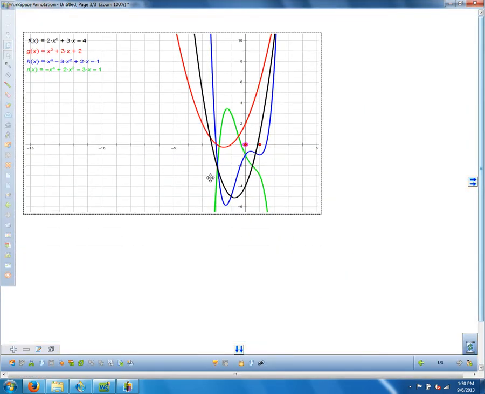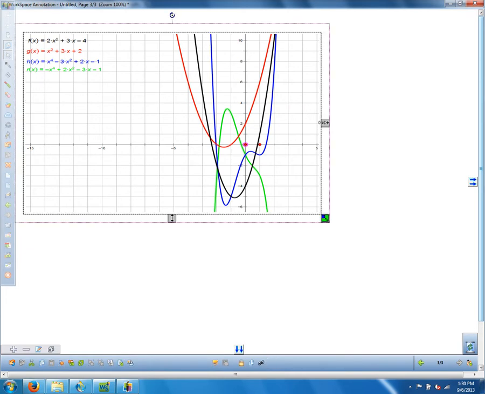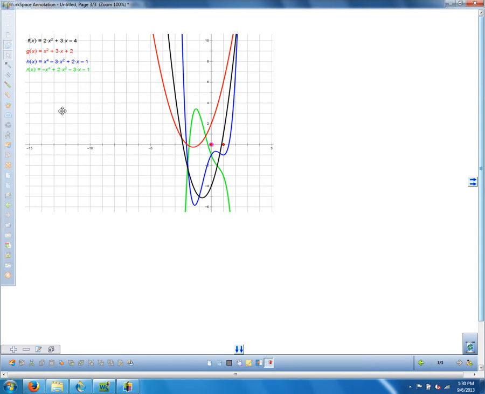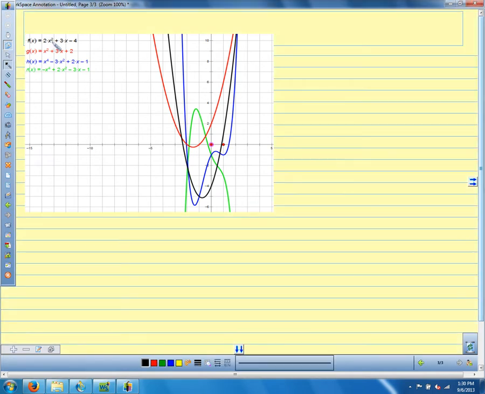So here are some graphs of polynomial functions with even exponents. In black we have a quadratic function, in red we have a quadratic function, the one in black is shifted, and the one in blue we have to the 4th power.